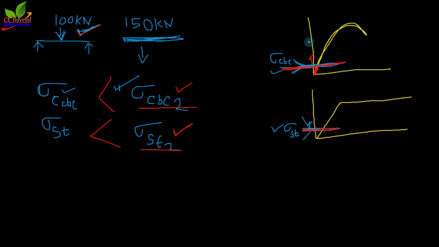We can say that this is beyond this, but we cannot calculate the actual position of sigma CBC 2. It may be in this layer, maybe in this layer. For sigma ST 2, we can say it is above the sigma ST provided by IS 456, but where it is, maybe it lies in this layer, I don't know.